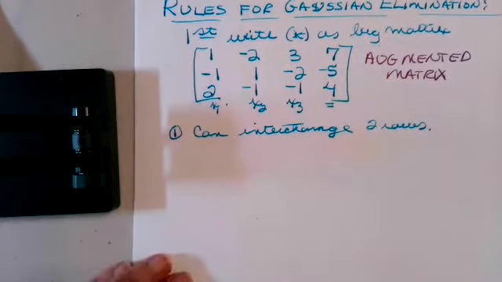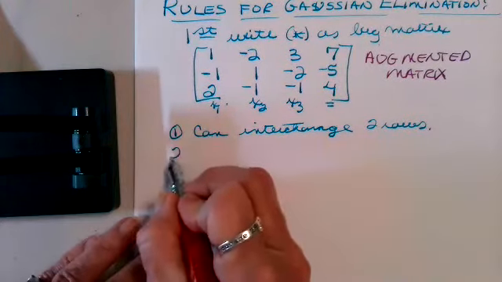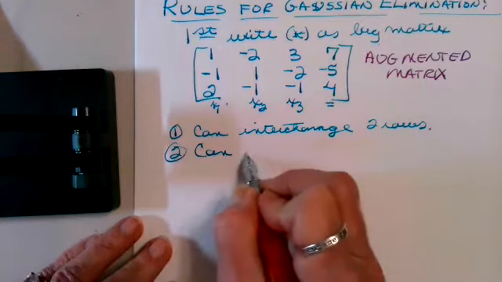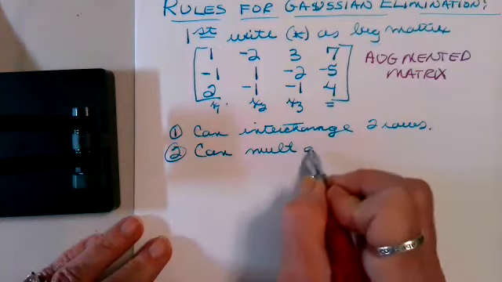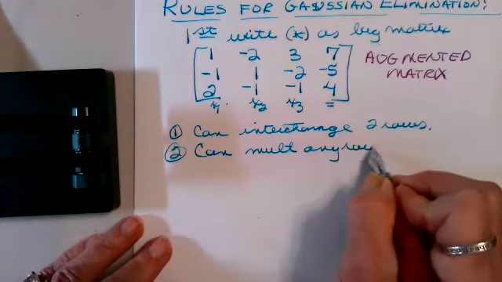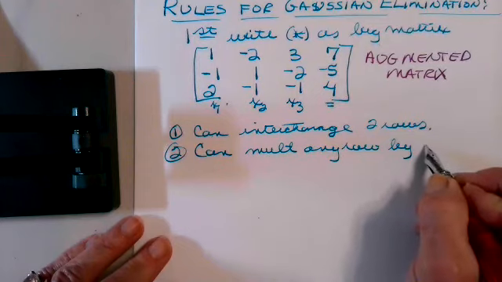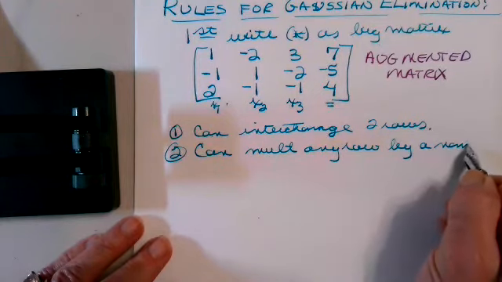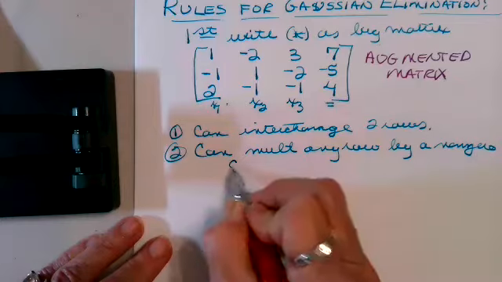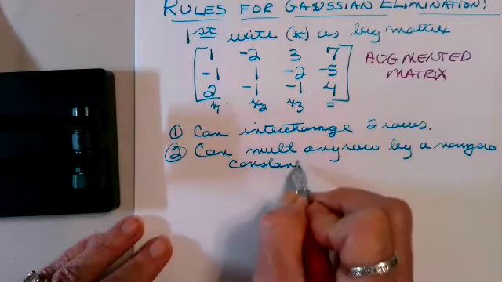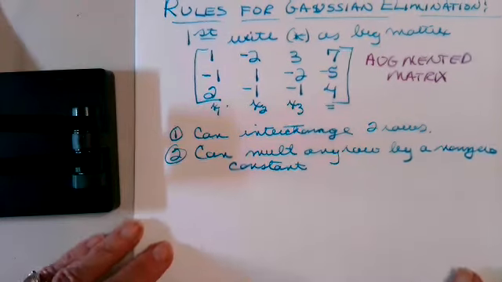Now, what's another rule? You can multiply any row by a non-zero constant. Okay, and why is that not a surprise?